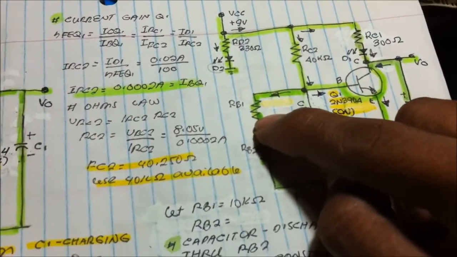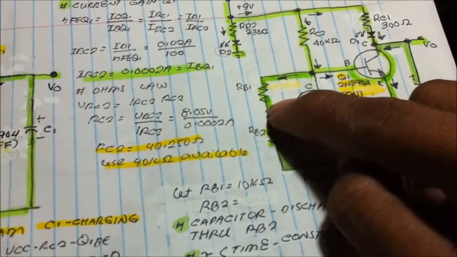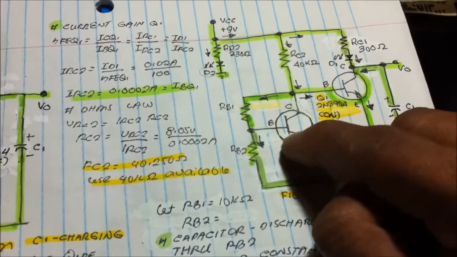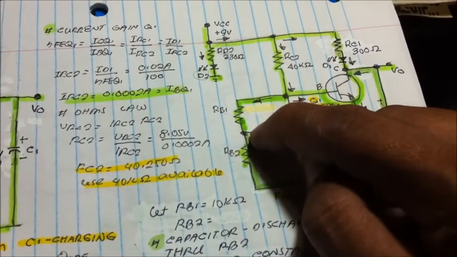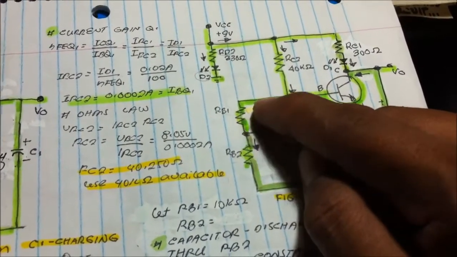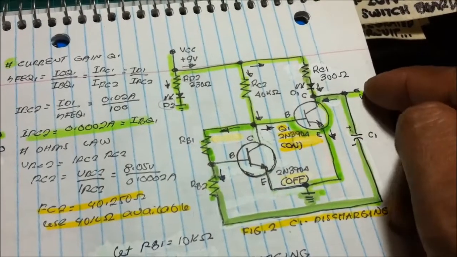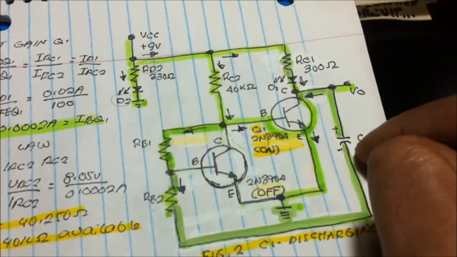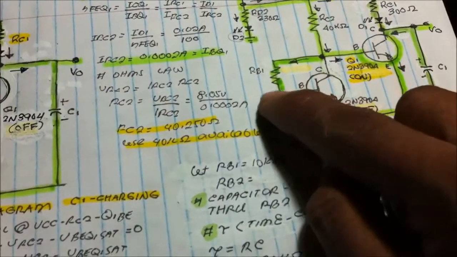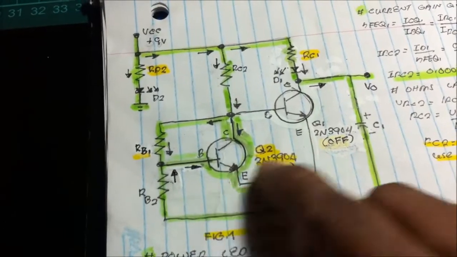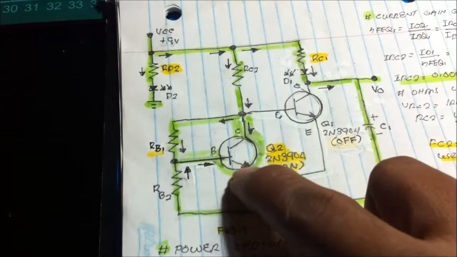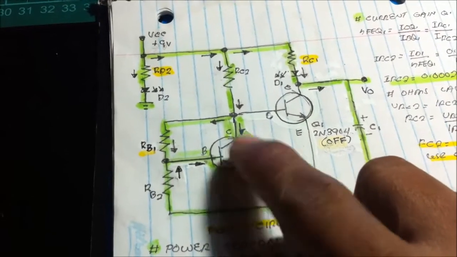So 10 kilo ohms here in practical electronics can make this transistor forward bias. Also at the same time it is used as a coupling resistor during the discharging effect. See the arrow of the capacitor. During the charging of the capacitor, it serves as the base resistor to the transistor.